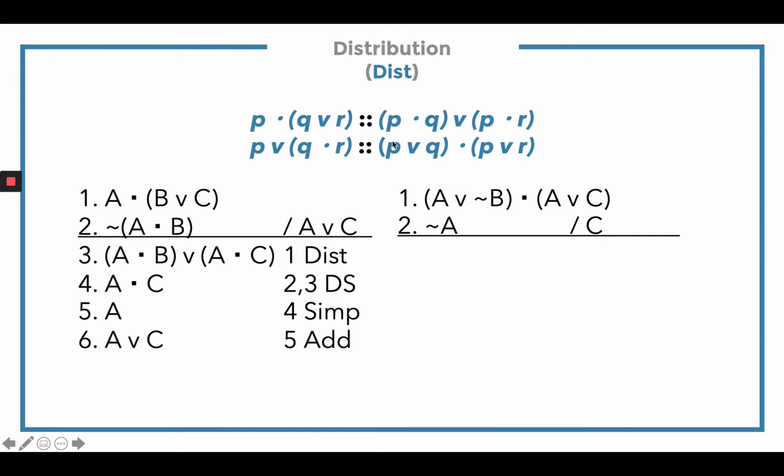It's not just something in parentheses with an or and something else in parentheses with an or. We've got to have one of those terms in common. If the P were over on this side, we could do commutation to move it onto the left side and then do distribution. So here we've got A as that common term.